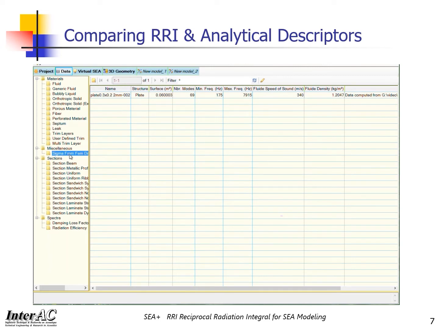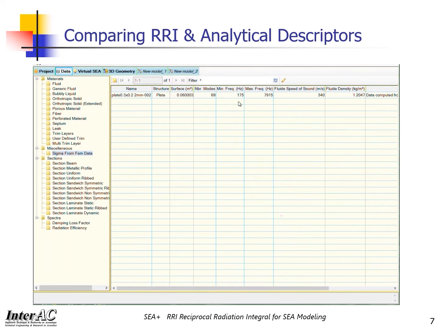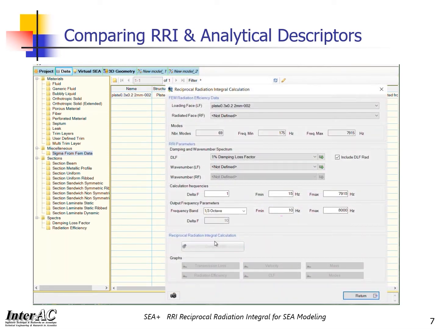Miscellaneous, sigma radiation from data. When I double click on the RRI object, as I explained, I need a wave number as well.